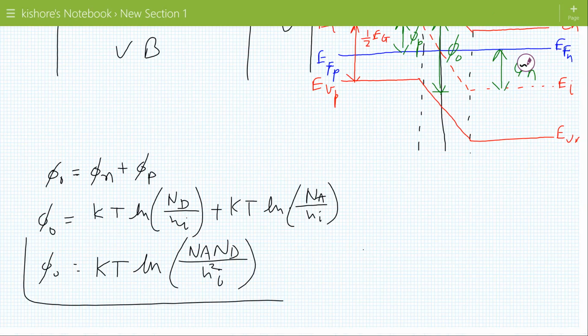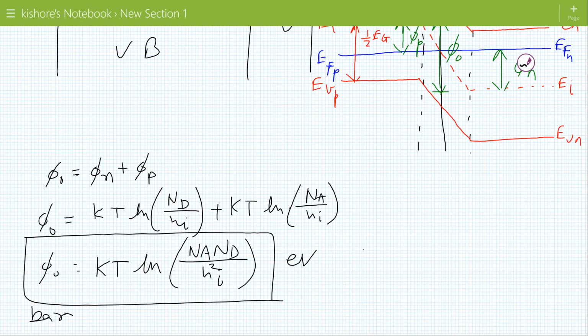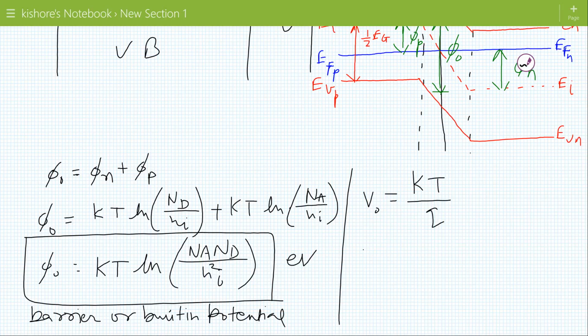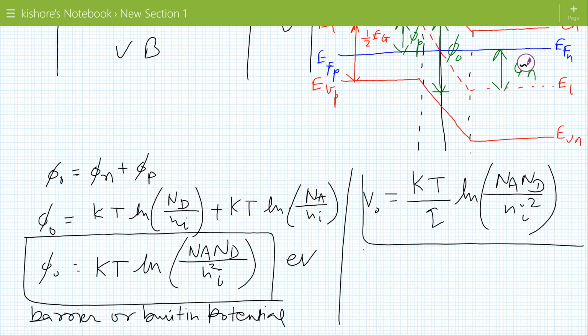This is the expression for barrier potential in electron volts. Barrier or built-in potential. And in volts, this is kt by q natural log of Na Nd divided by Ni square. This is the expression in volts.